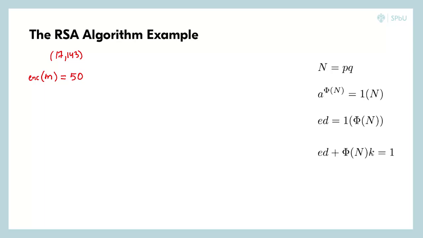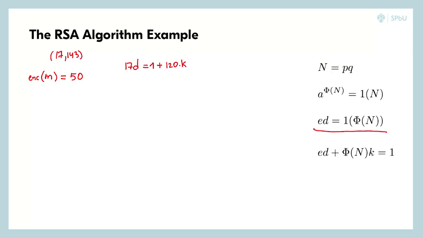So we have to compute the private key, and the private key D satisfies these equations. We write it down like 17 D equals to 1 plus phi of n is 120, so 120 multiplied by some integer k.